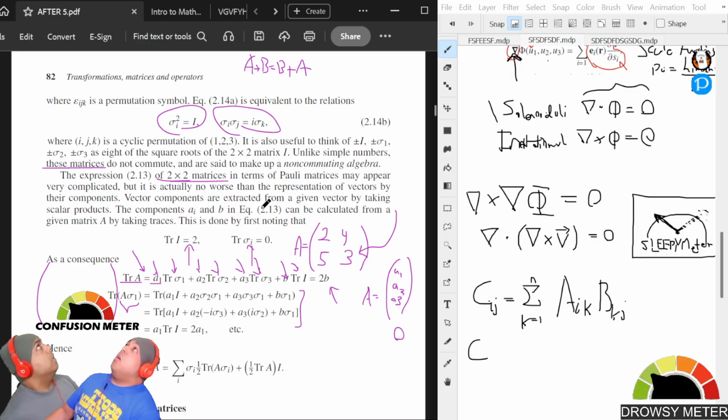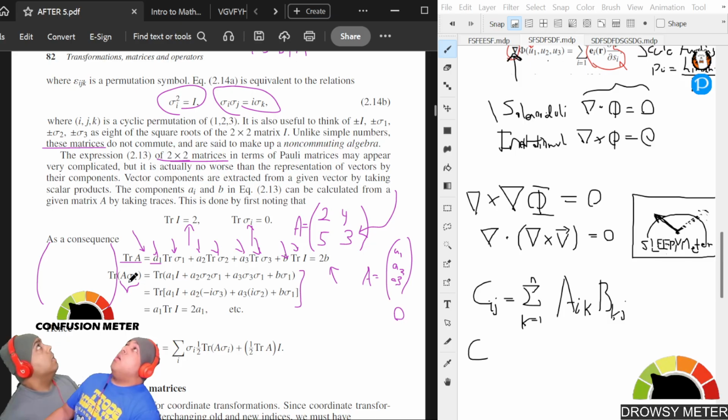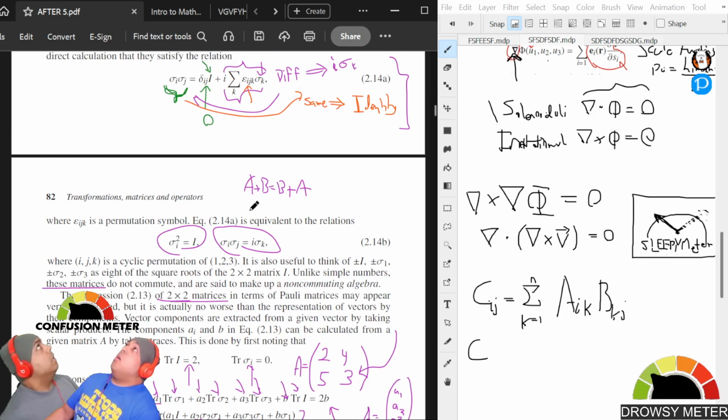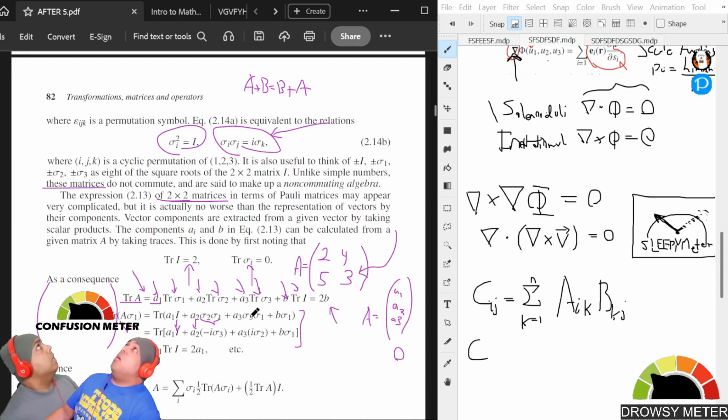I feel like I missed something, although I don't think I missed anything. Trace of this equals trace of this equals trace of this. Nothing changed here. We changed these guys from over here.